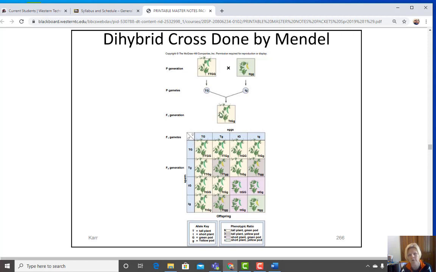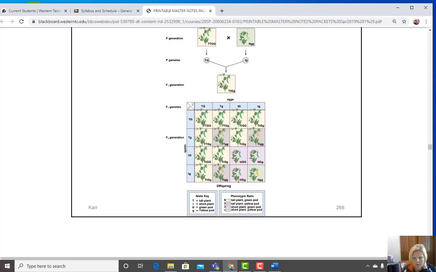But then if I combine those different alleles, I'm going to get quite a variety of different plants. And that's what we see here. When I look physically at the plants and I look at the phenotypic ratio, I'm going to see 9 tall plants with green pods, 3 tall with yellow pods, 3 short with green pods, and only 1 short plant with yellow pods.